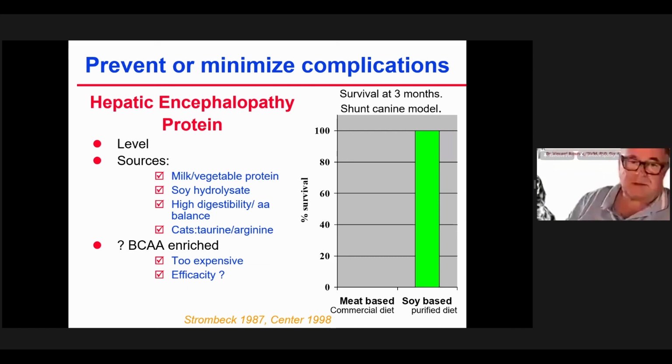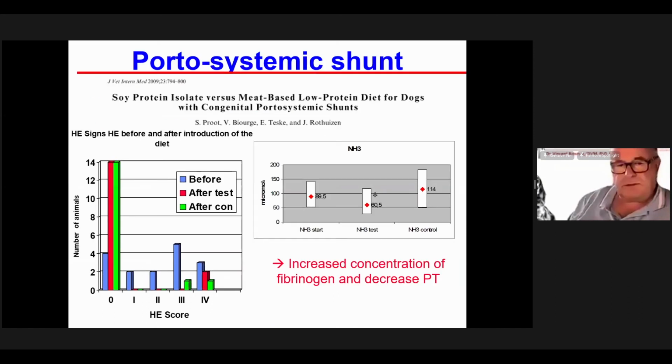And actually, we repeated that study quite a few years after that. Those dogs were on a waiting list to get the surgery for shunt. And during that waiting list, owners agreed to either put them on a hepatic diet where the source of protein was a soya hydrolysate, or the same diet, but where the protein was replaced by animal protein.